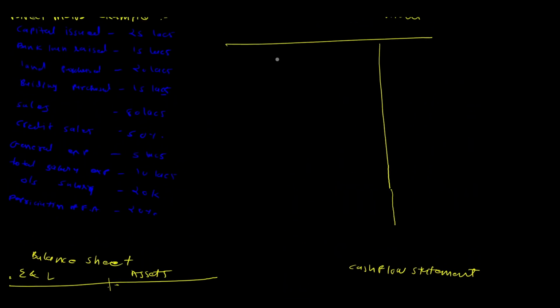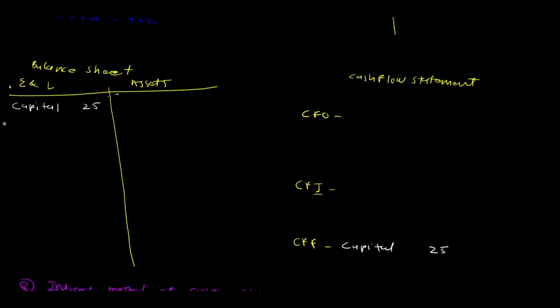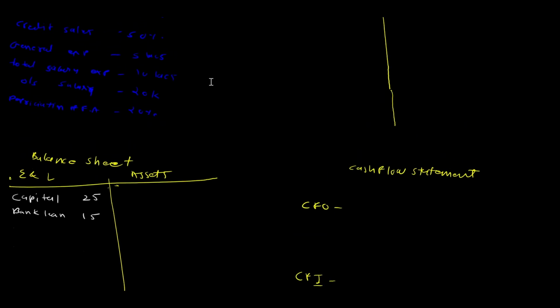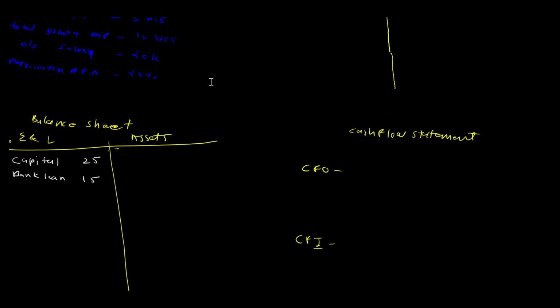The next transaction is a bank loan raised, 15 lakhs. So bank loan 15 lakhs. The next is the land purchase, 20 lakhs.